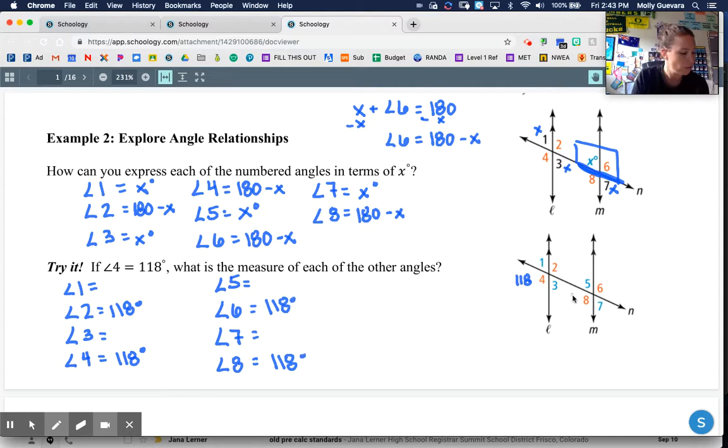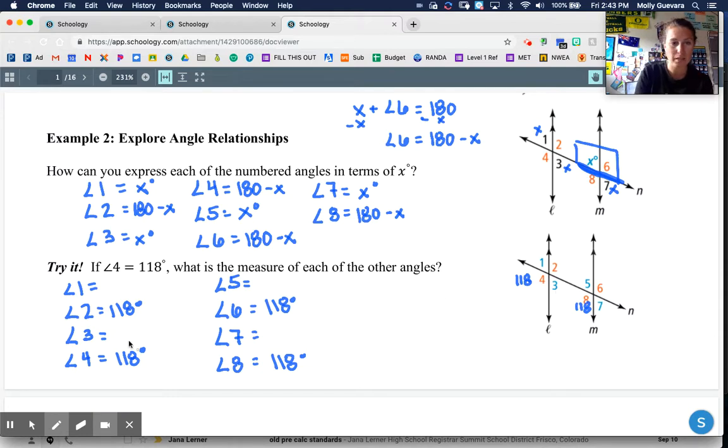Okay, so now we're looking at what about 8 and 3? Okay, 8 and 3. I know 8 is 118, right? And 8 and 3 are same side interior, and those add to 180. So if I do 180 minus 118, I get 62.